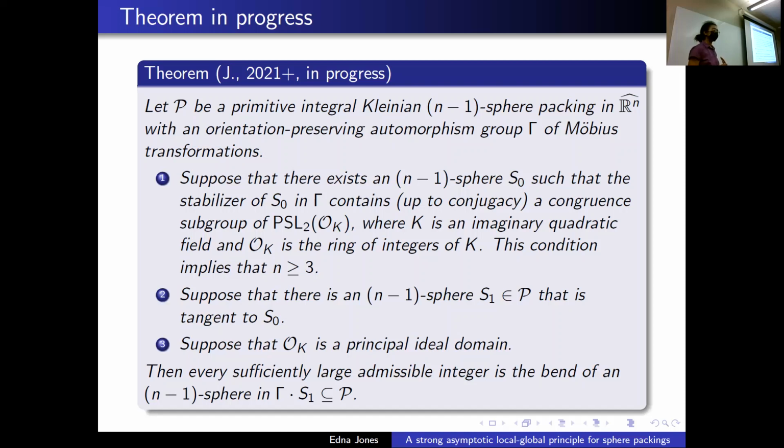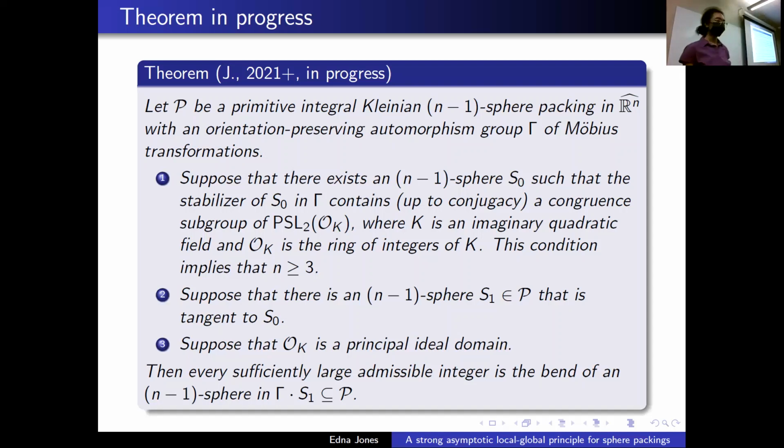It's difficult to prove right now. I'll talk about how those two conditions enter into my proof. The expectation is that you should be able to have this theorem without the last two conditions, just with that first one. That's the expectation.